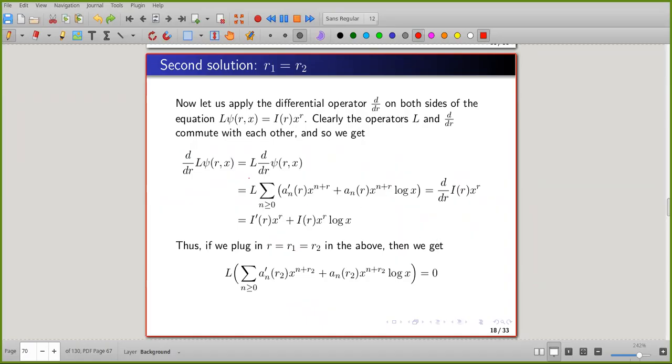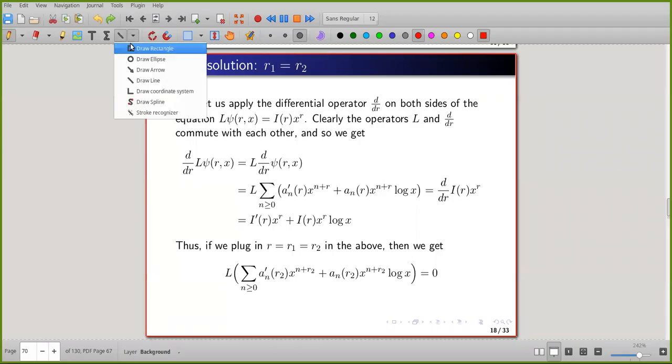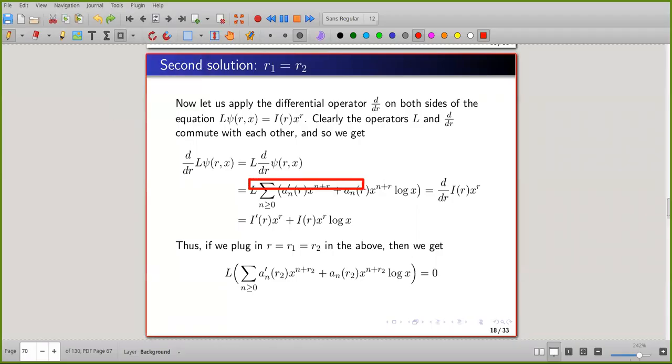The important equation we need to look at is this equality, the fact that these two are equal. So we have L of a function of x and r equal to this function over here. And now we plug in r equal to r1.